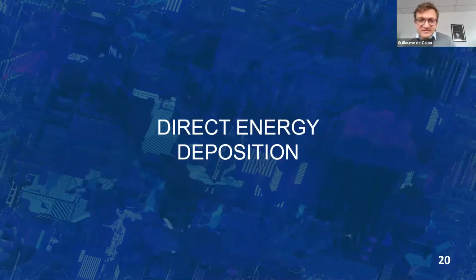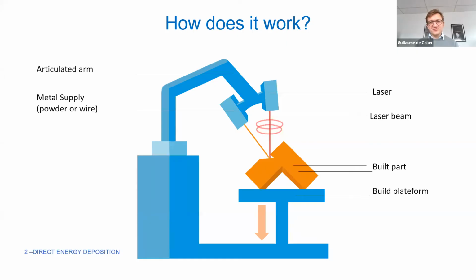The second technology is direct energy deposition. Well, there's a lot of things in that process, a lot of potential different feedstocks and sources of energy, but I'm going to simplify a bit. Usually, what does that mean? Direct energy deposition: you have a print head, which is usually, not always, but usually on a robotic arm.